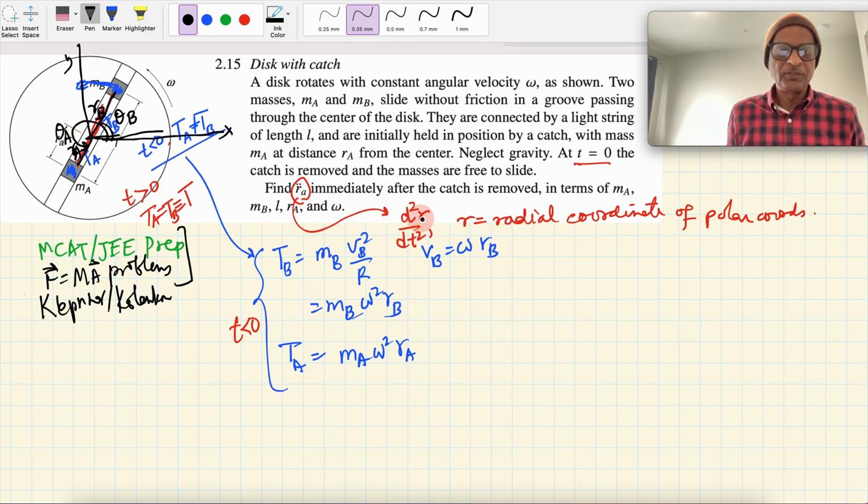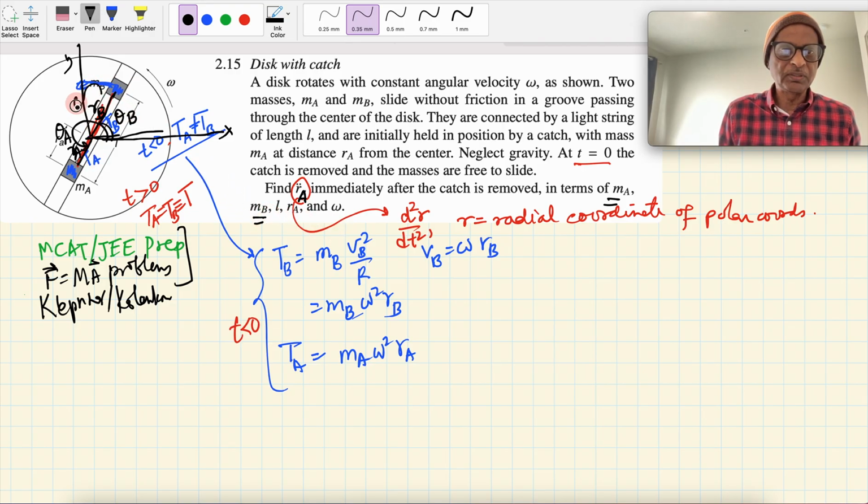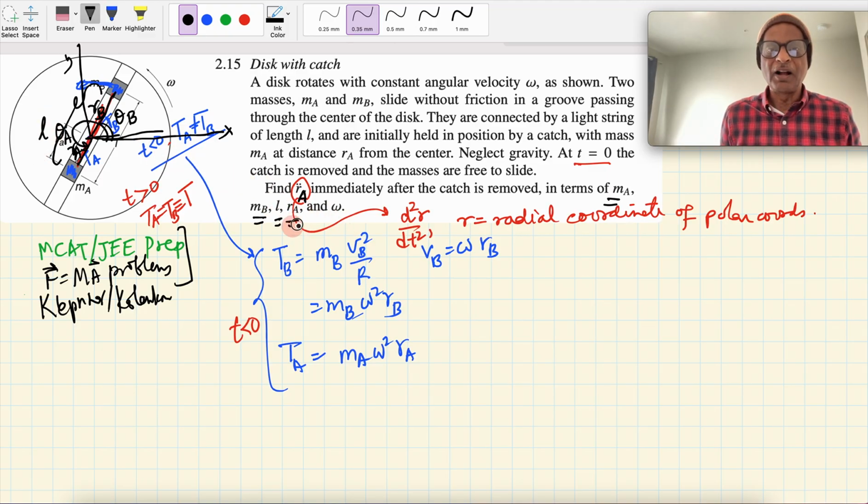And it's saying, don't worry about the angle part, just the radial part for the A. And you get your answer in terms of mass 1, mass of the second guy, and the length of this whole thing is L, the length of the string, how far A is immediately after, so RA at t equal to 0, and omega.